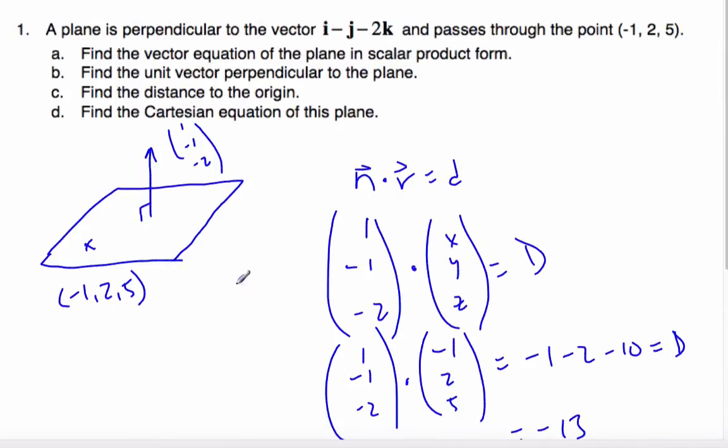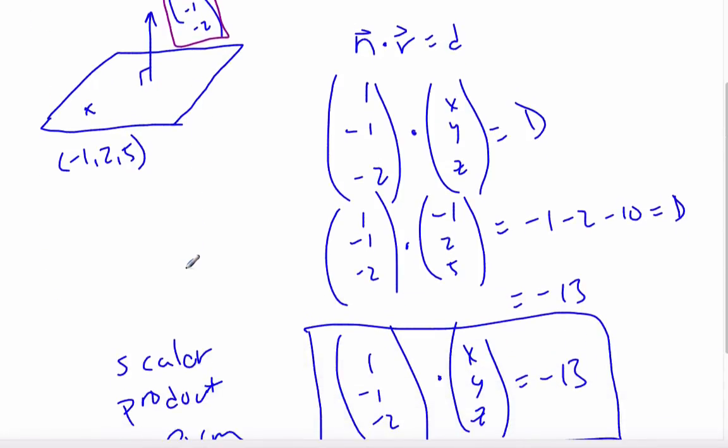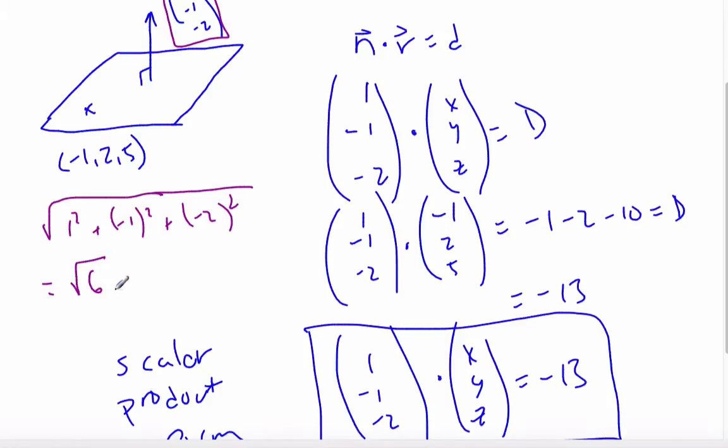However, that's a part finished. If I want to find the unit vector perpendicular to the plane, I'm going to take my normal and find the magnitude. And so the magnitude of that vector is going to be 1 squared plus (-1) squared plus (-2) squared, which is 1 plus 1 plus 4, the square root of 6.